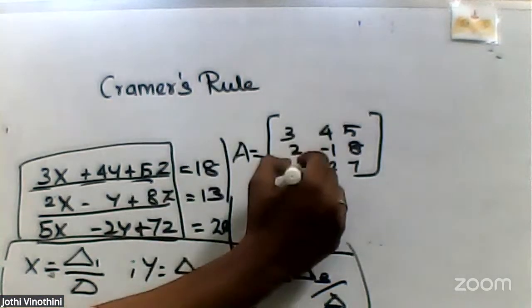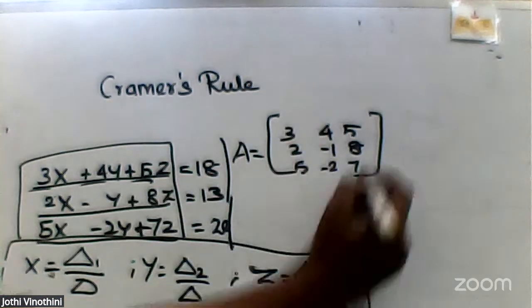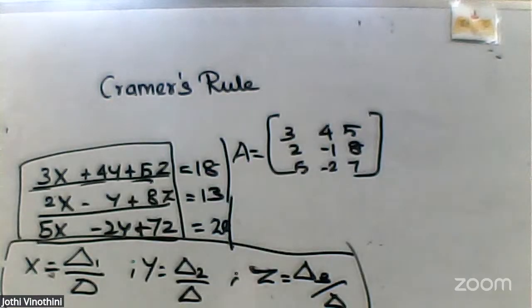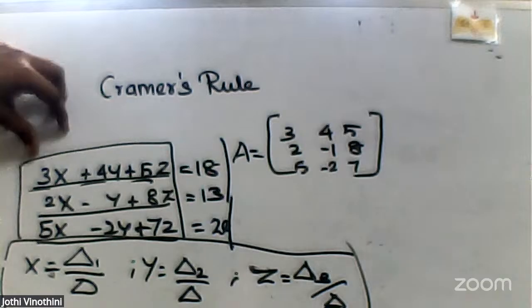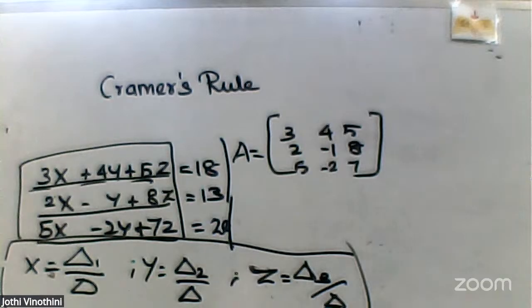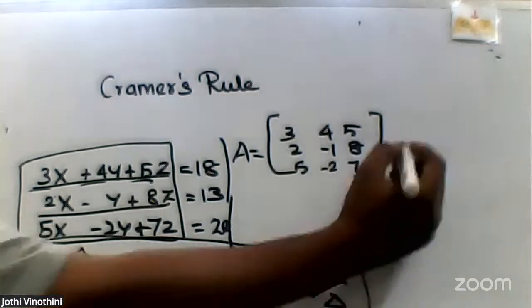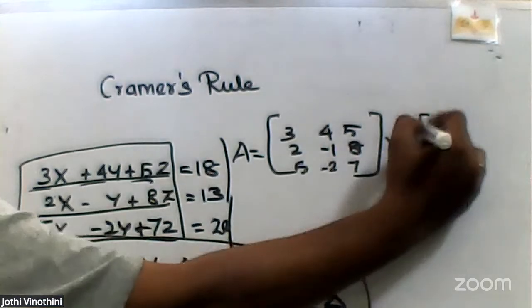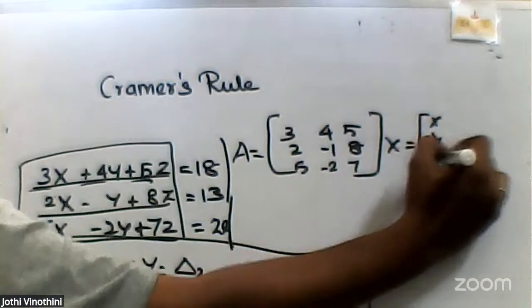We already have another matrix, right? See, why are we taking two matrices on the left hand side alone? We have coefficients and variables here, right? So we simply take the coefficients of these variables as matrix A, and the variables as matrix X: x, y, z.